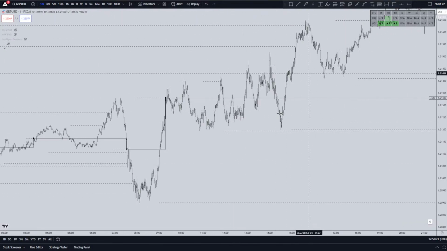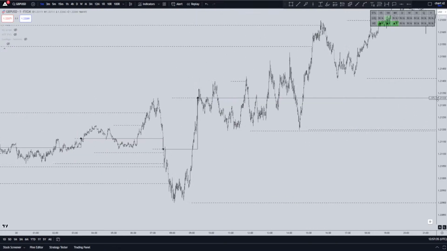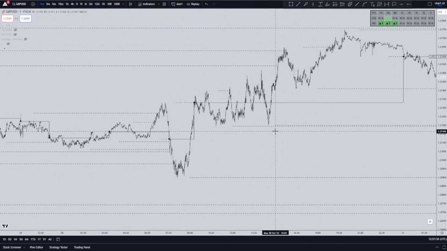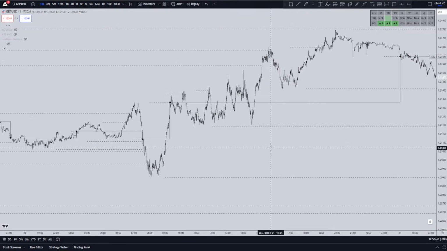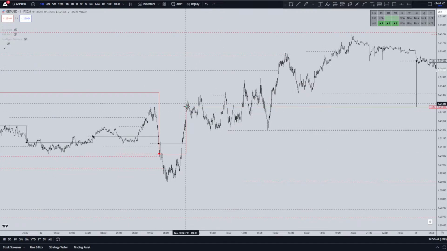Once you go through it like this on one single time frame, you can add another time frame, like let's say we just add 4 hour. So okay, this was not just hourly, but 4 hourly, so way stronger.